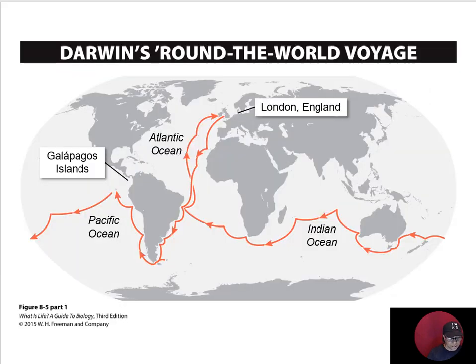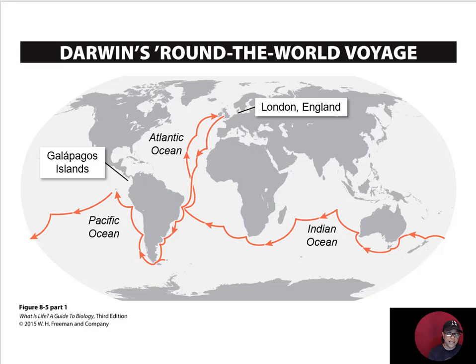And so Darwin actually started his journey around the world. And I'm always telling you that the backstory of science is really fascinating. And Darwin's backstory is one of those backstories that's truly fascinating.